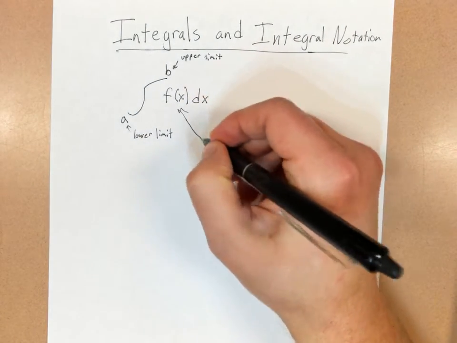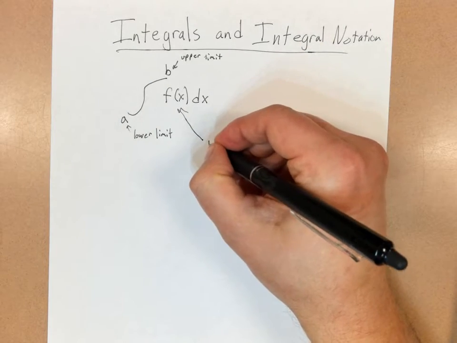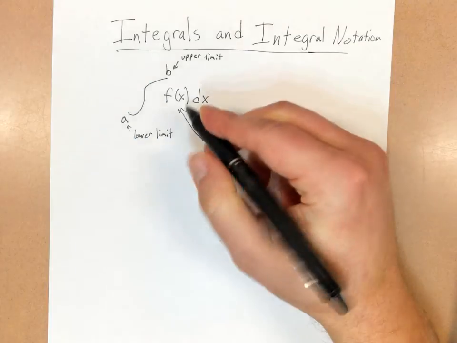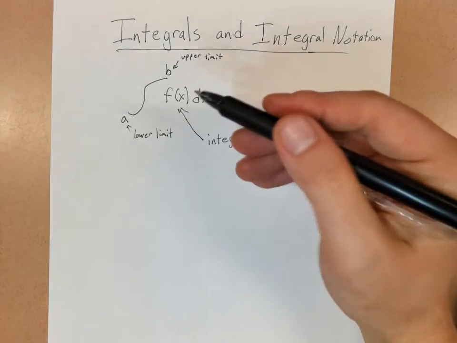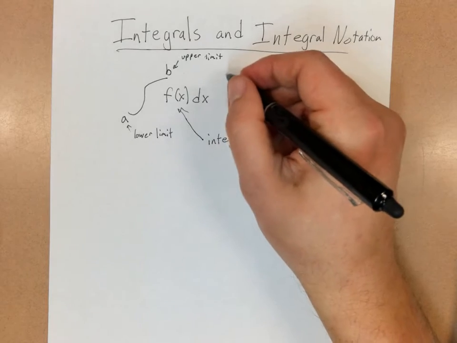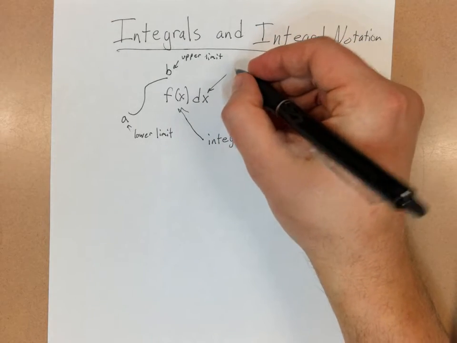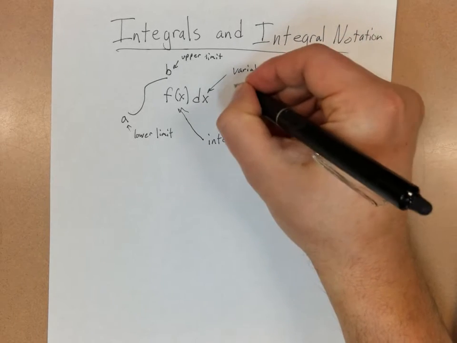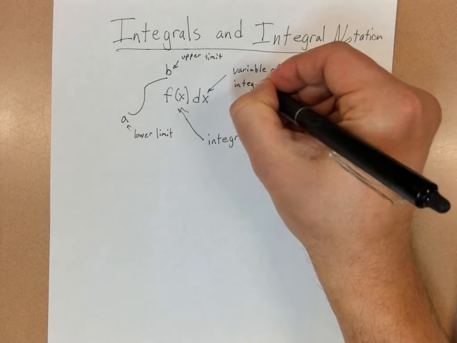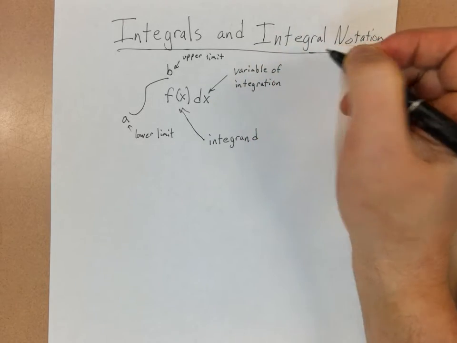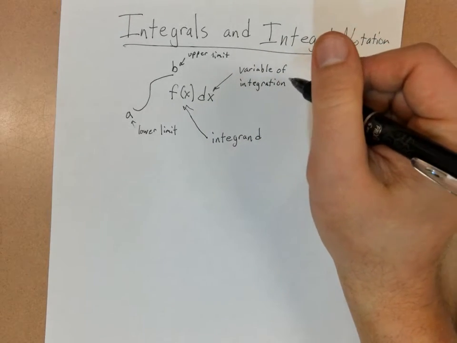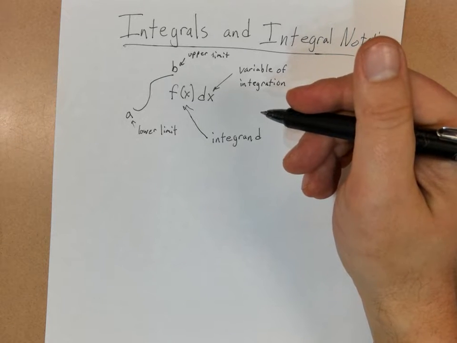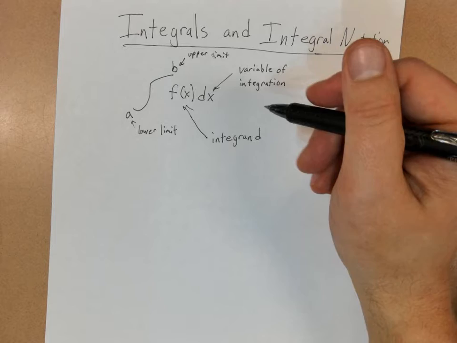F of x has a vocabulary word, a special name. It's called the integrand. And that's the equation you're actually integrating. And then dx is called your variable of integration. And really what that means is, when we did derivatives, you talked about taking the derivative with respect to x or with respect to y or with respect to t.